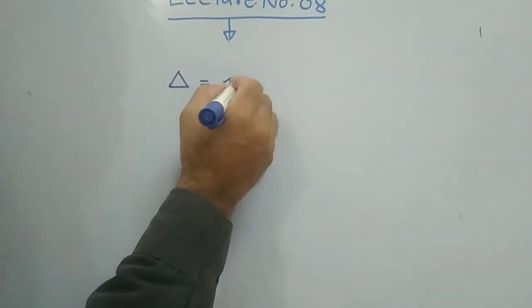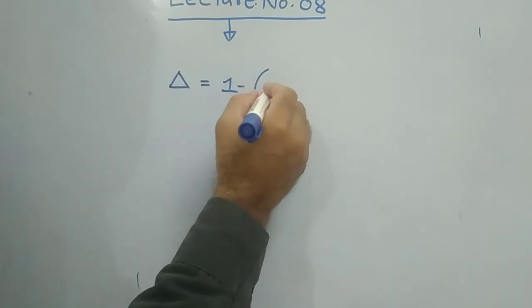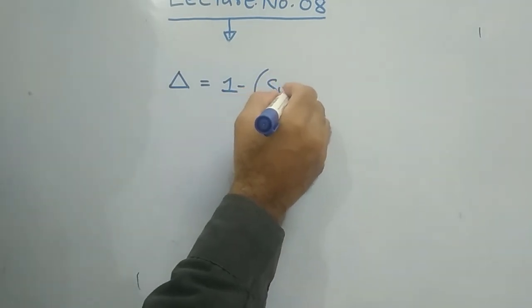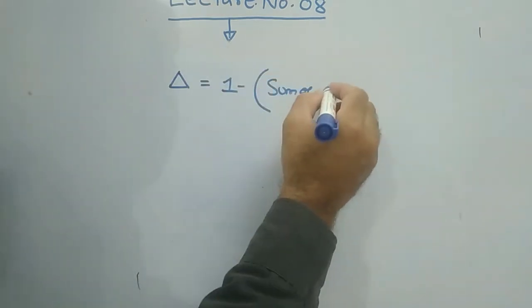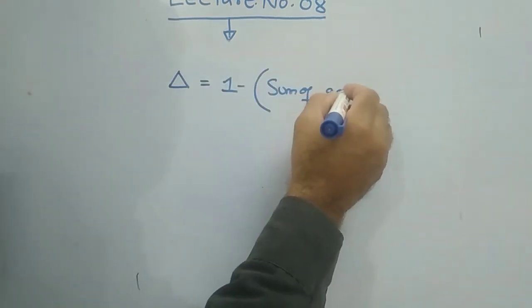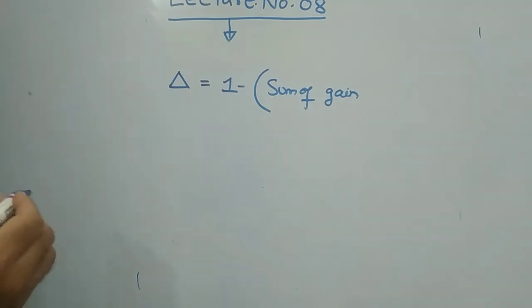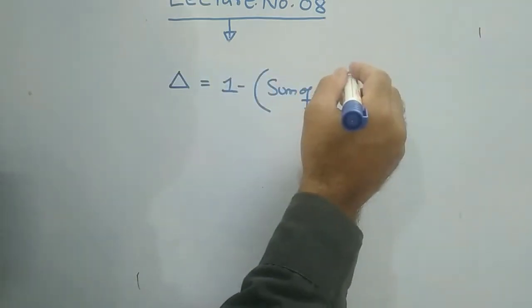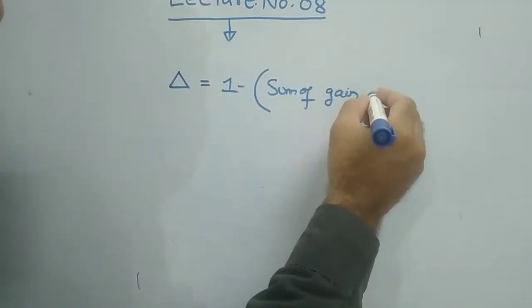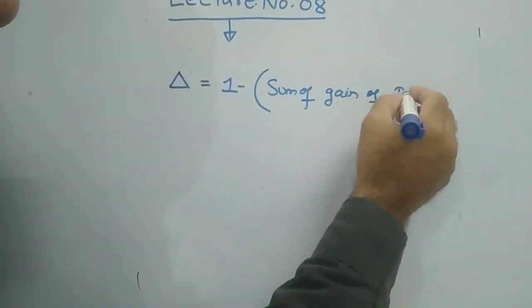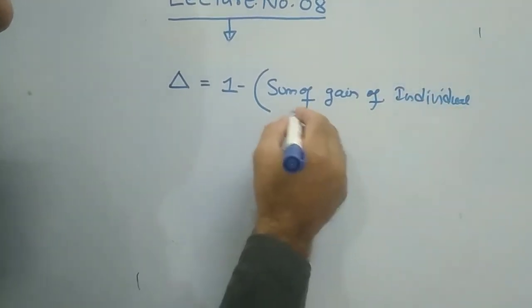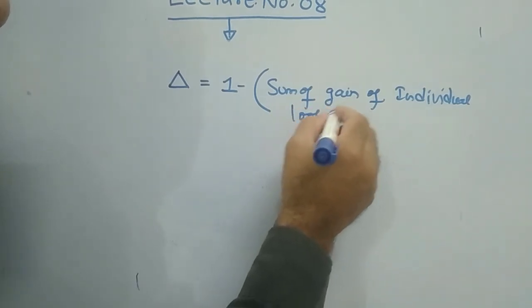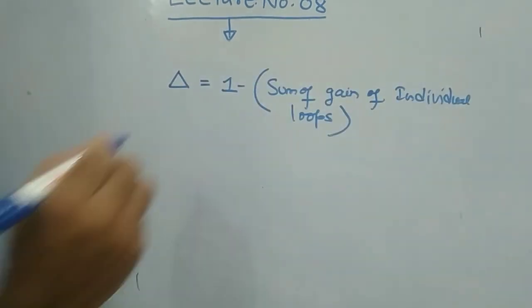It is 1 minus the sum of gains of individual loops.